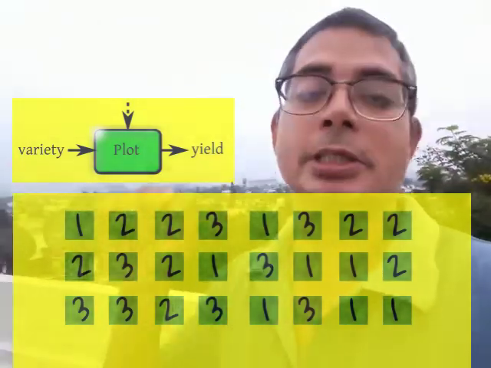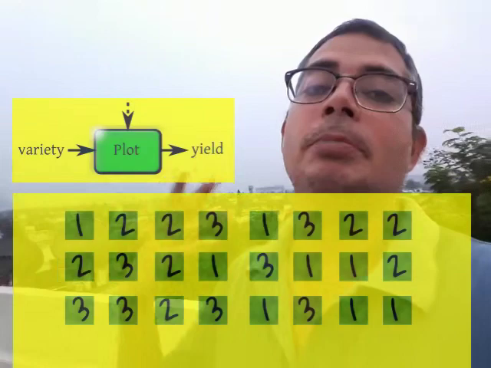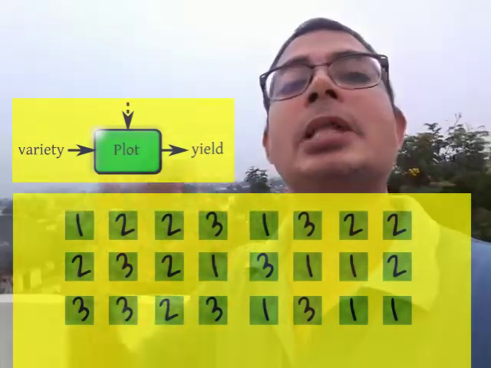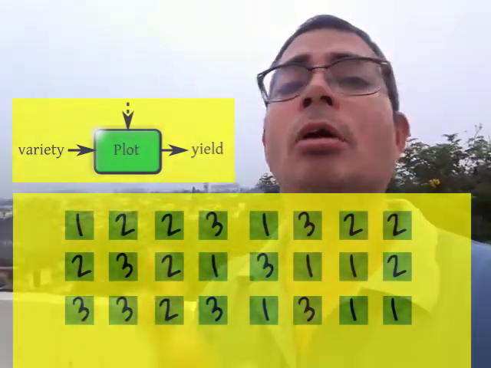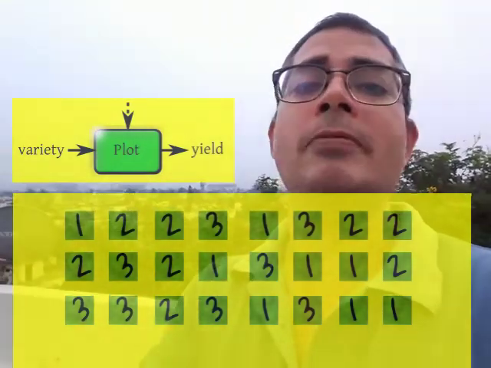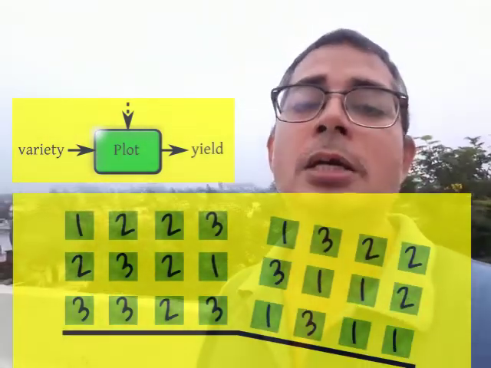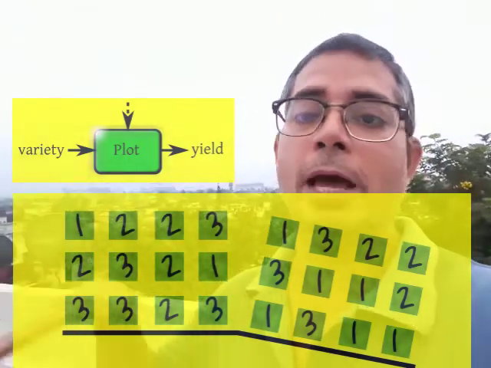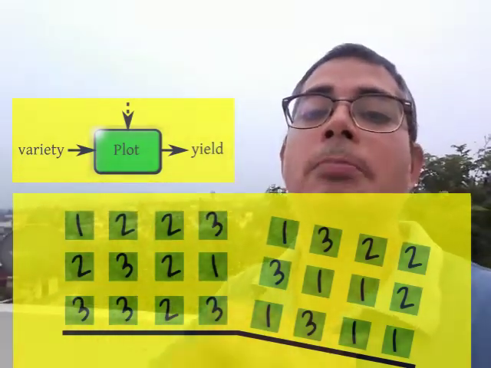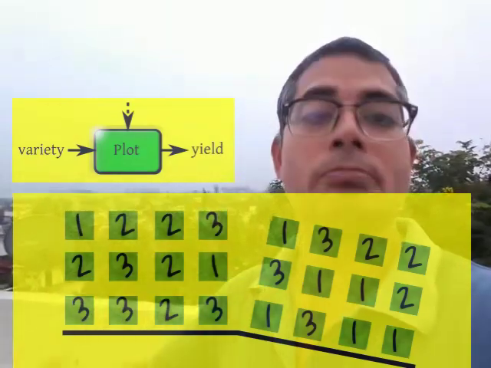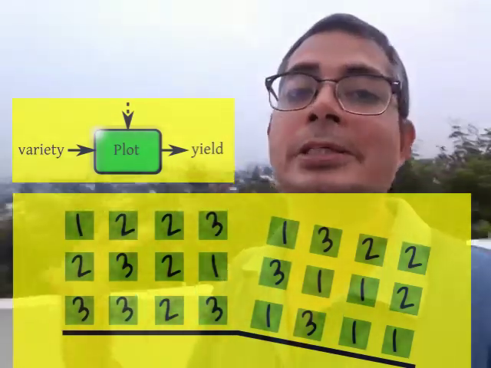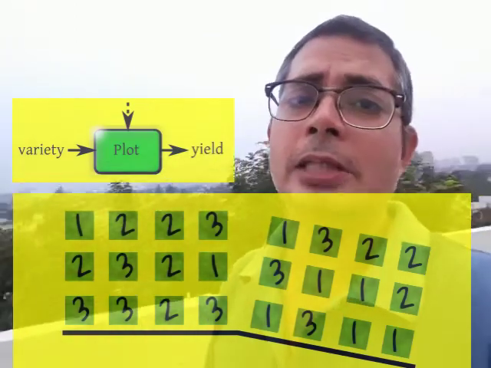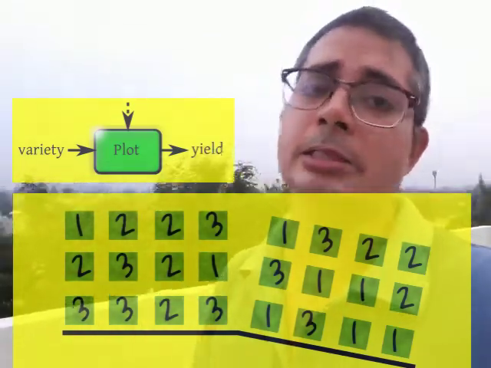For example, I saw this very example in a place called Silchar near Assam, which is slightly hilly, and there the problem was that they got all these things fine. However, being a hilly region, some of the plots were on the plain and some of the plots were on the slope.